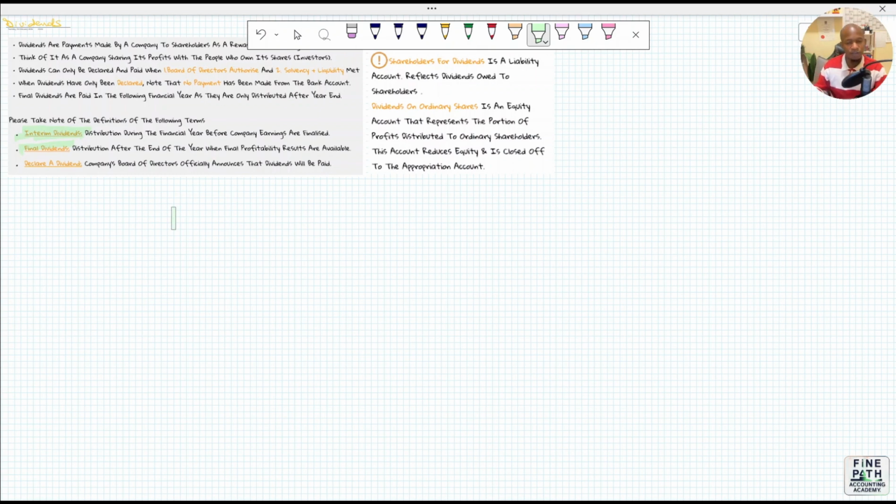And this is because companies would wait to know how much profits they have made. And then depending on the profits they've generated, they'd say, okay, we would pay so and so much dividends this year. Right. And then when dividends are declared, now this one is tied to those final dividends. And I want us to pay close attention to what these two mean, right?